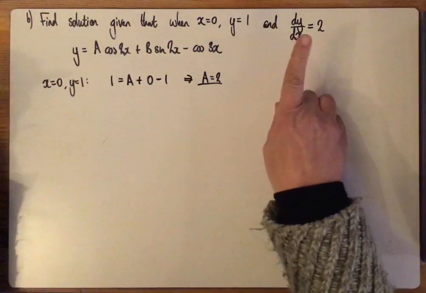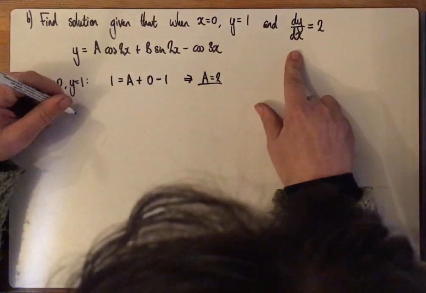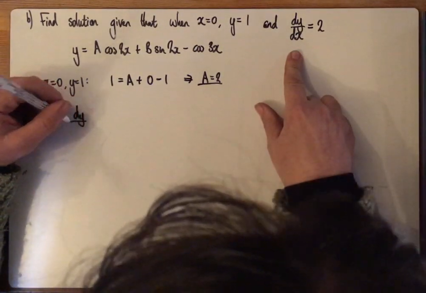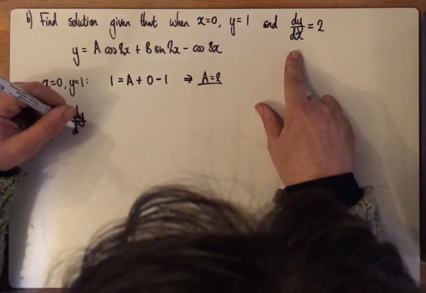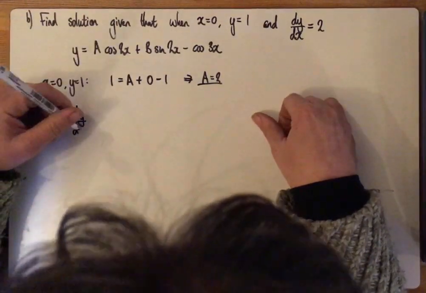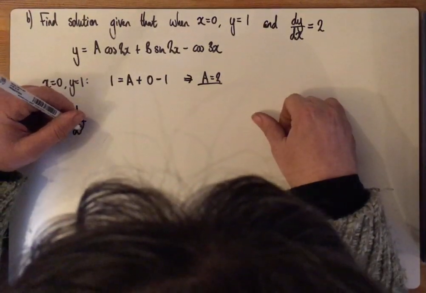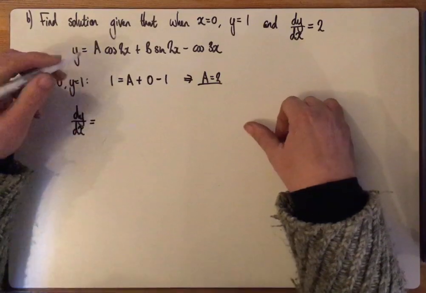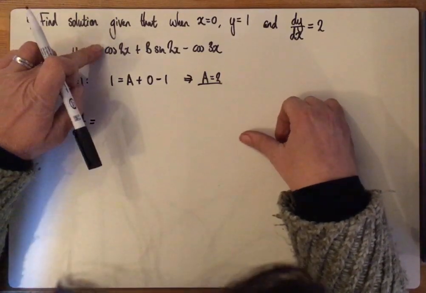And now I need to find dy/dx and set that equal to 2 when x is 0. I know that a is 2, so I can do that.